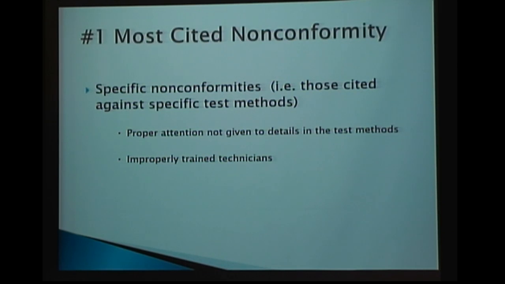Quite often, I think, we spend too much time looking at the quality management system documents and not enough time in the laboratory. And we've had this debate about getting prepared to do an assessment, prepared to do an audit. What do we start doing first?